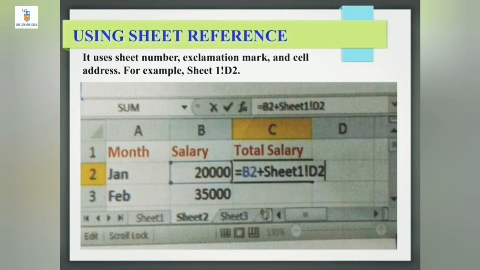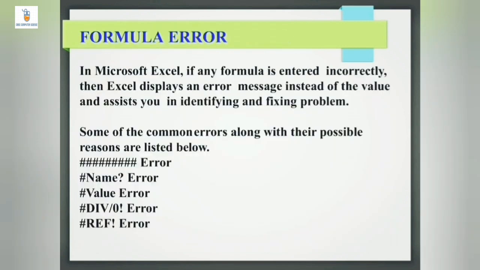This means that we are using the cell D2 from Sheet1 in Sheet2. So the current sheet is Sheet2 and we are referencing the cell D2 from Sheet1. This is represented by sheet name, exclamation mark and then the cell address.